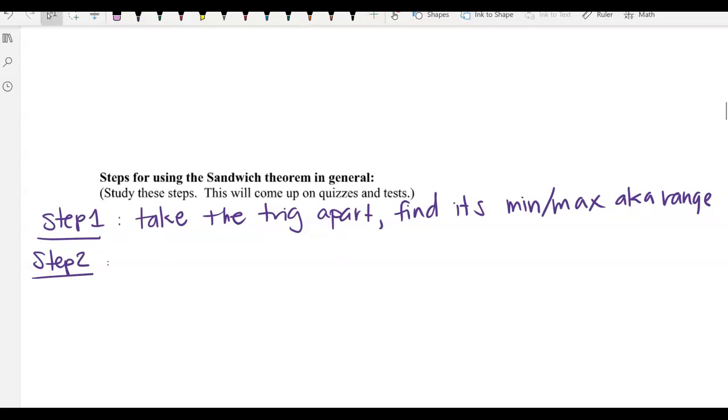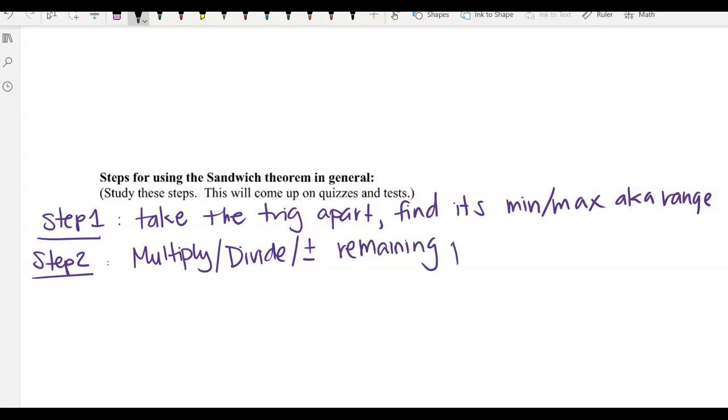Next step, we are going to either multiply or divide or add or subtract, okay, whichever operation, the remaining parts to all 3 inequalities.